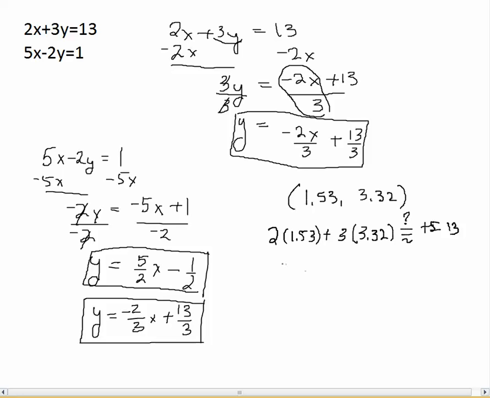So we're going to test the second equation. We have, sorry, let me rewrite that, 5 times 1.53 minus 2 times 3.32, and we're seeing if that will equal 1.